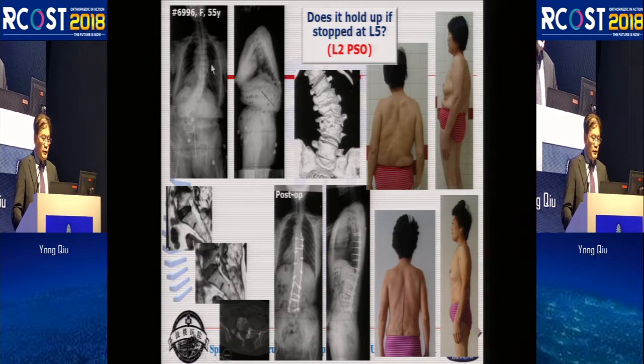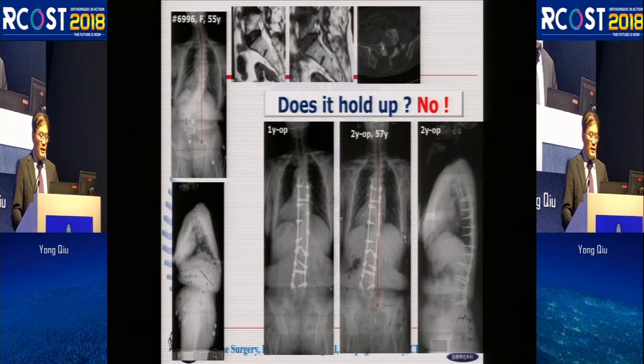So look at this patient. The L5-S1 disc looks very healthy. The height of the disc is well maintained, with no severe osteophytes on the posterior elements. With L2 PSO, we stopped at L5. Immediately after surgery, it looks good, both in the coronal plane and the sagittal plane, and clinically the patient is very happy.